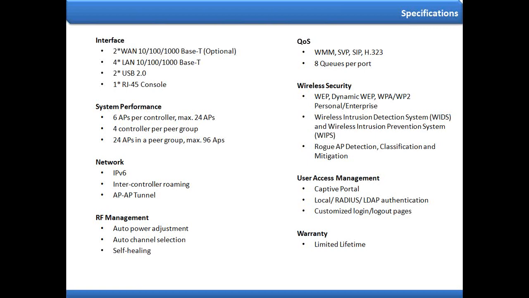In terms of performance, the DWC1000 supports 6 access points out of the box, to a maximum of 24 access points. It also supports up to 4 controllers in a peer group, allowing you to manage up to 96 access points total. In terms of network performance, it is fully compliant with IPv6, so you can be satisfied in knowing that the DWC1000 not only supports the current IPv4, but when networks start migrating over to IPv6, the DWC1000 is supported.